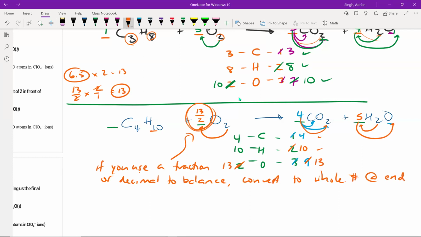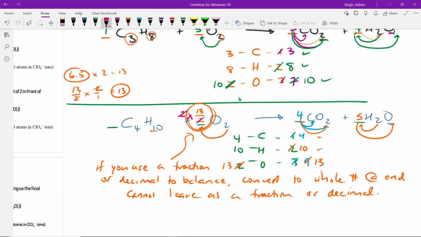Okay, so you cannot leave it as a fraction or a decimal. So how do I get rid of the fraction? Well, what I can do is I can multiply that coefficient by 2 to get rid of the denominator.